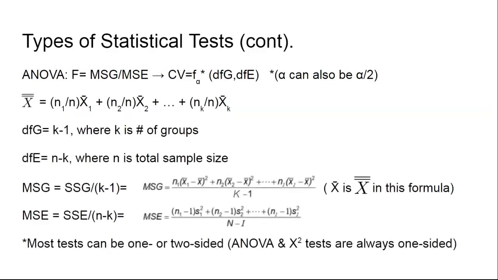Note that the critical value is found by plugging in alpha, DFG, and DFE to the formula F alpha star, DFG, DFE, and then using the F distribution table. Also note that most tests can be one or two-sided, whereas ANOVA and chi-square tests are always one-sided. Finally, keep in mind that the best way to understand all of these statistical tests is to practice using them.